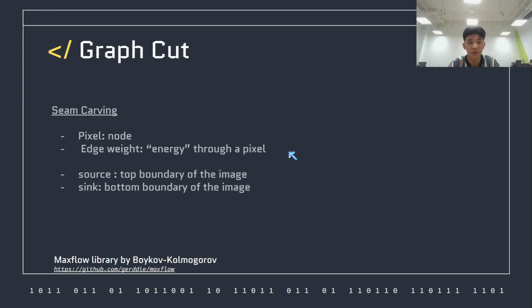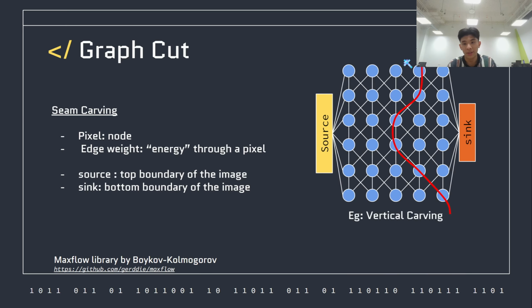So in the context of seam carving, we are currently using a library, MaxFlow by Boykov, and a node will represent a pixel, and the edge weight will represent the energy of a pixel. So in this example, you can see right here. Let's take an example of a vertical carving where we want to find a vertical seam. Firstly, you'll start off by connecting the first column to the source and the last column to a sink.